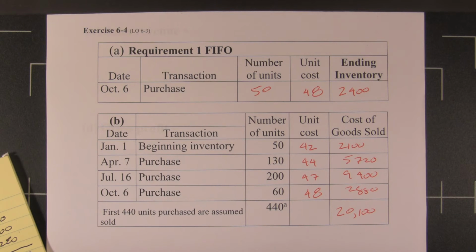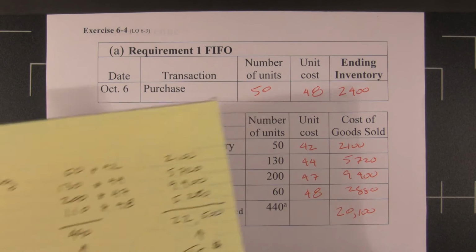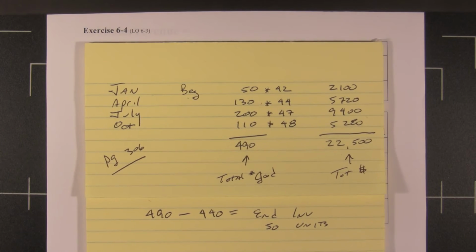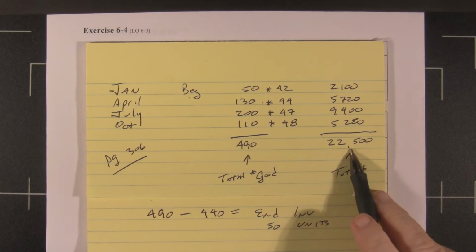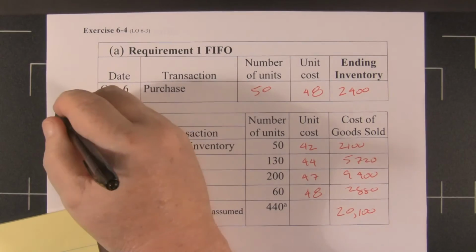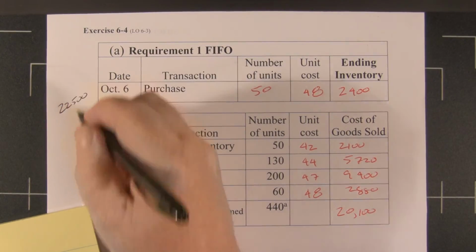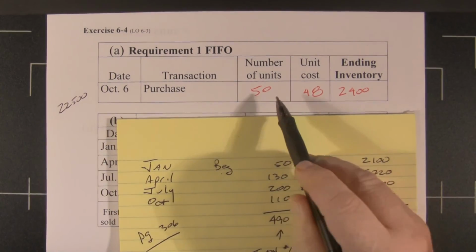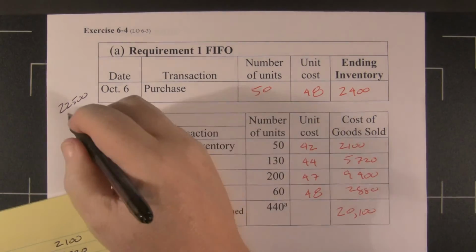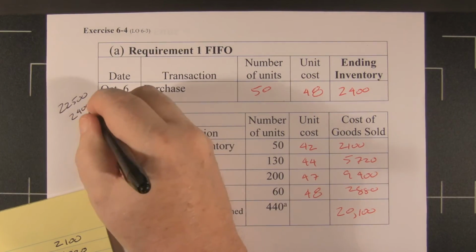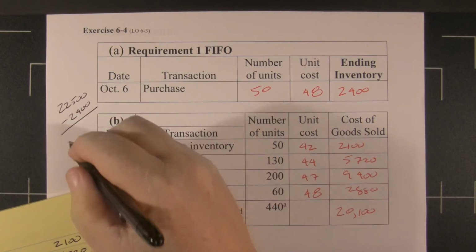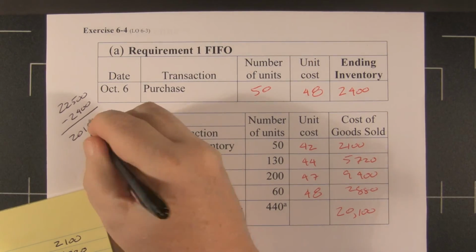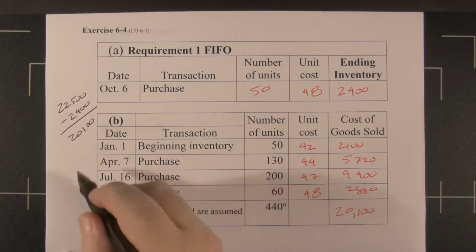That's true. That's accurate. I'm lazy. Those of you who know me know that I'm lazy. I know that if my total goods available were $22,500, and I know that my ending inventory is 50 units at $2,400, I had to have sold $20,100.